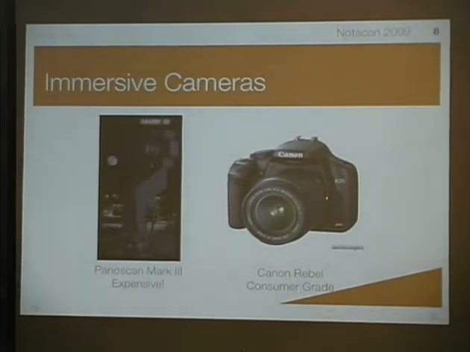and some of the barriers that come with each. Okay. So on the left here is the Panoscan Mark III. This is a boutique item, the sort of item you'd need to take out a second mortgage to purchase. It's basically like a flatbed scanner. It has a single row of CCD pixels to detect the image.